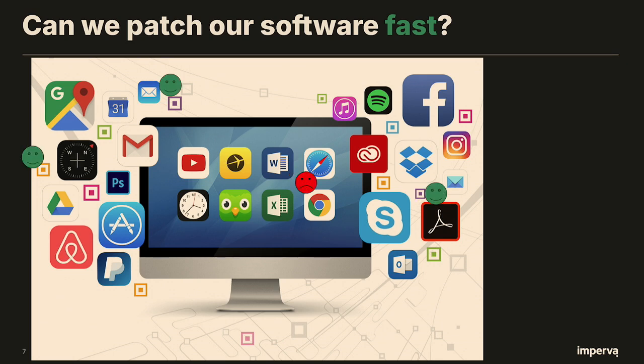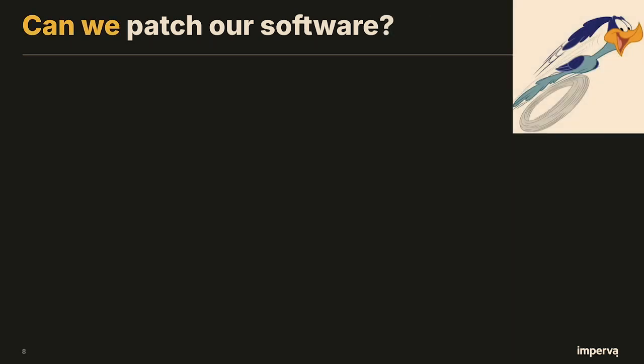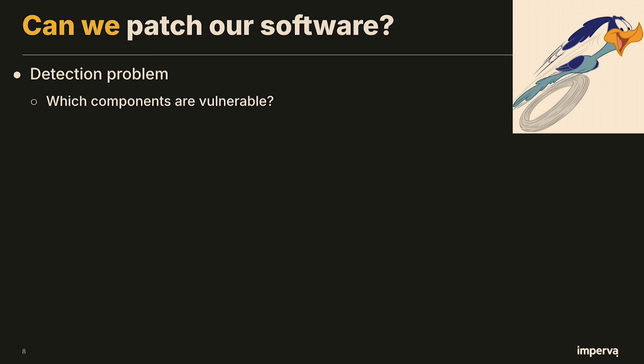Then you will try to patch them, so you search for a patch for each and every component. Some of them you can do successfully, and some of them fail. It's really a big mess. The first thing is how to detect which components are vulnerable, right? We have hundreds and thousands of lines of code. Some of them we wrote, some of them we use in some library, some of them are third-party components.